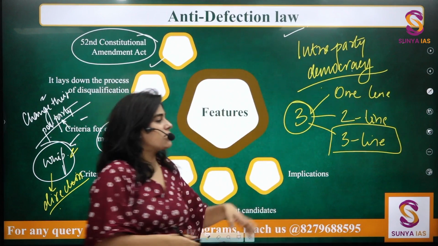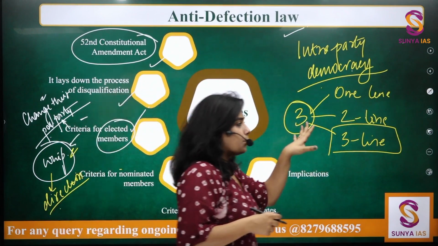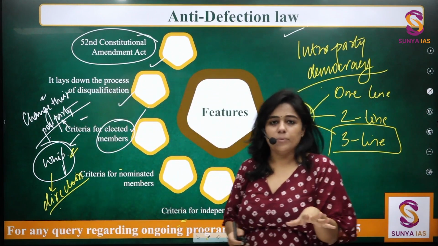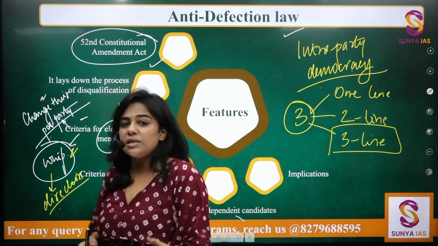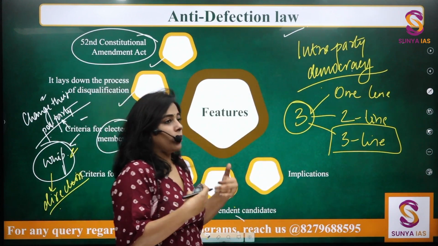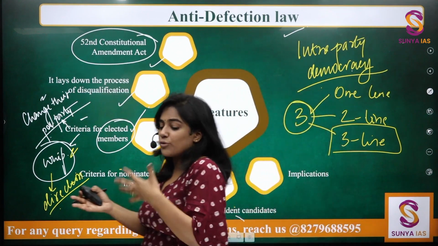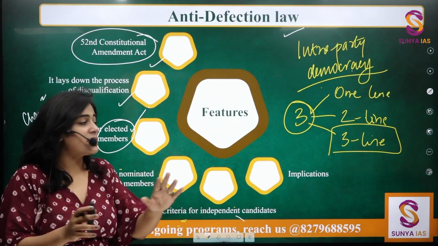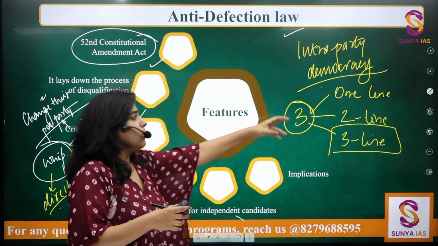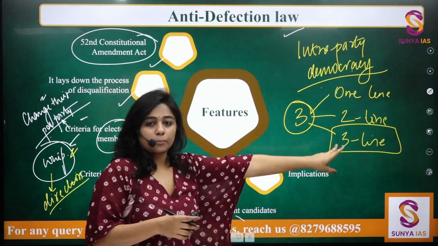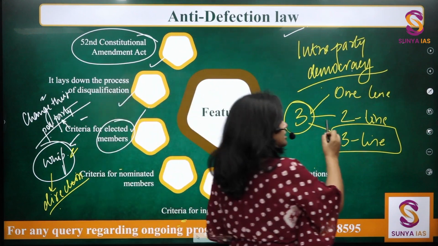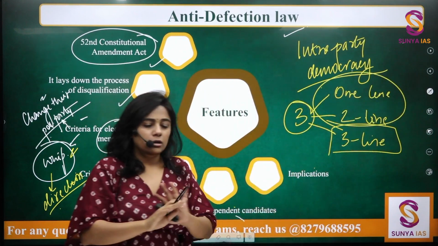Three line whip is the most serious policy making whip, on the aspects of policy making, on the aspects of, okay, we are going to present this bill, you have to accept it, you have to reject it, you have to say this, say that, whatever. This is the most substantive whip. So, one line and two line whip can as such not be followed.